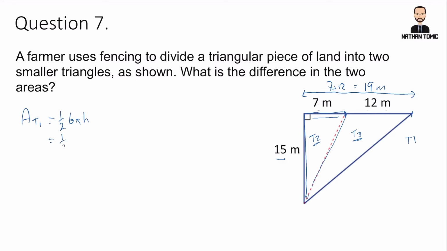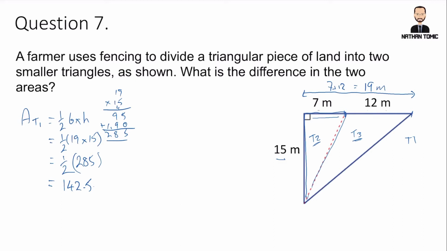So it's equal to half of, we'll say 19 as the base, multiplied by 15, the height, which is equal to half of, well, let's work it out, 19 times 15. 5 nines are 45, 5 ones are 5, plus the 4 is 9, doing the 10, so we start with a 0. 1 nine is 9, 1 one is 1, add them up. 0 and 5 is 5, 9 and 9 is 18, 1 plus that 1 then is 2, so 285. So half of 285. So of course then we get an area of 142.5.